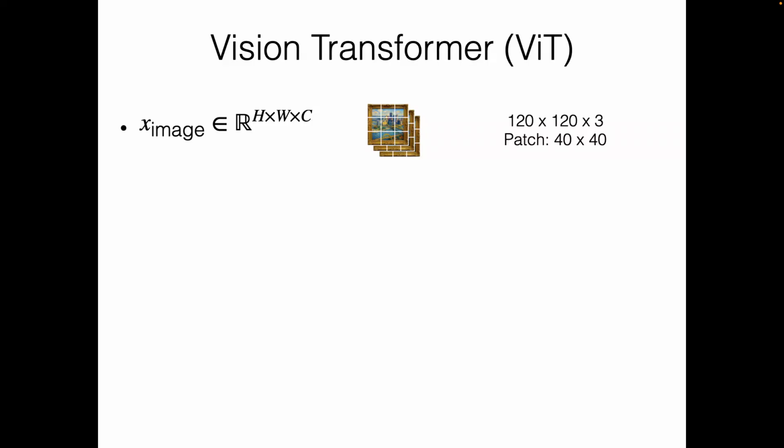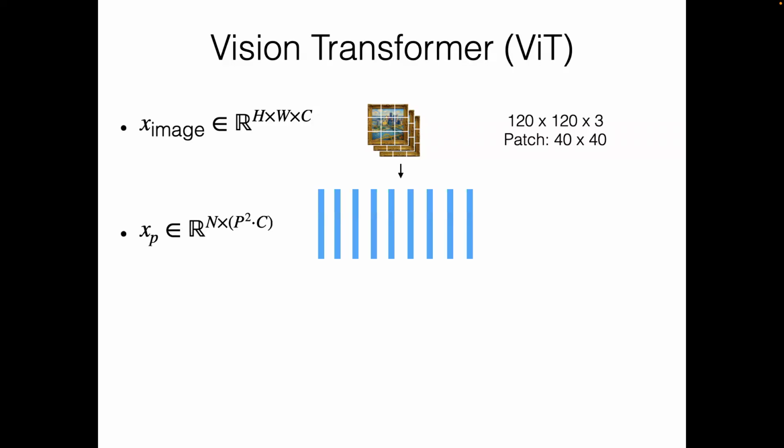You have 1 channel for each. Now it turns out you could have other channels with other information, but in the simple case, let's just have C equals 3, and now you have this RGB representation of an image.